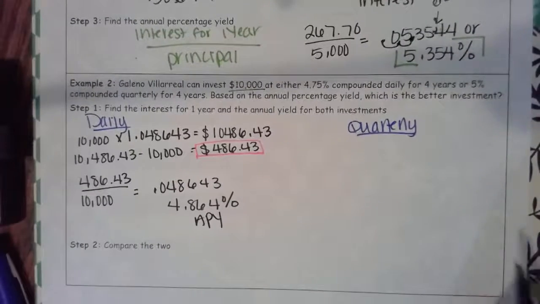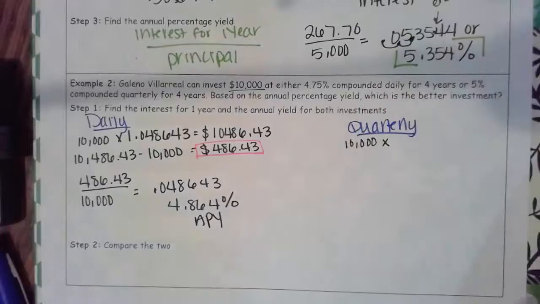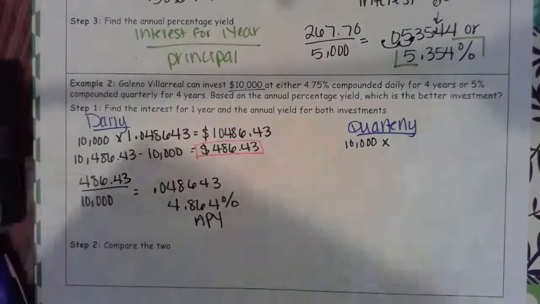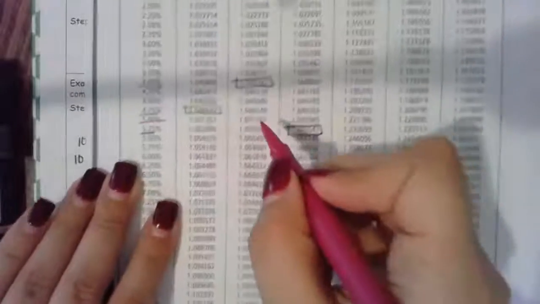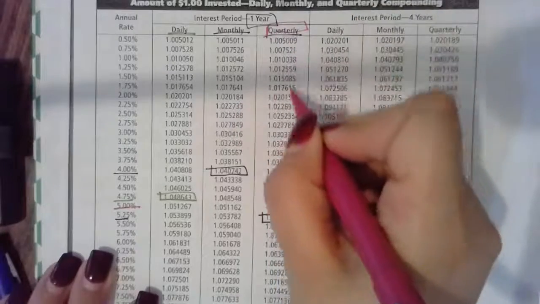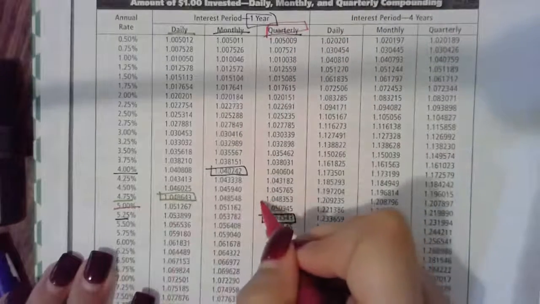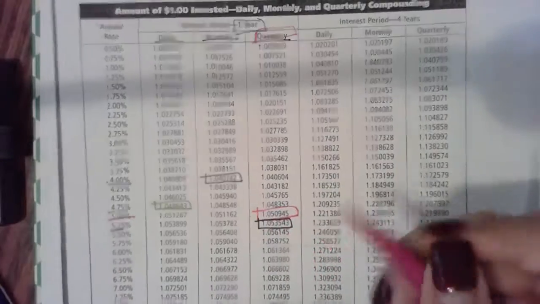Now, if we do the quarterly, we'd be doing that same exact principle, except this time it's 5% quarterly, so they meet right here, which is 1.050945.